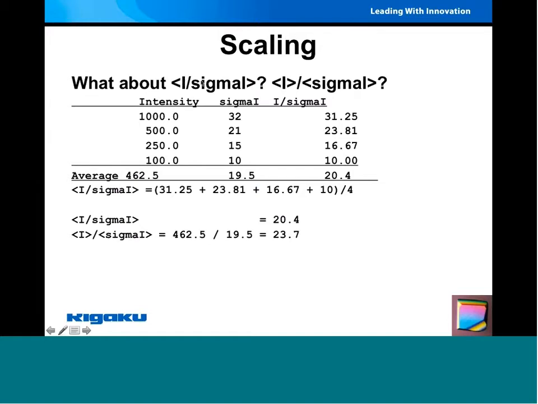Notice where I have these brackets indicating average, and the average I over sigma I. So the ScalePack output shows this value. If I look at this, the I over sigma I for some sample data that I've given here is about 20, but the average I over the average sigma I is much higher.